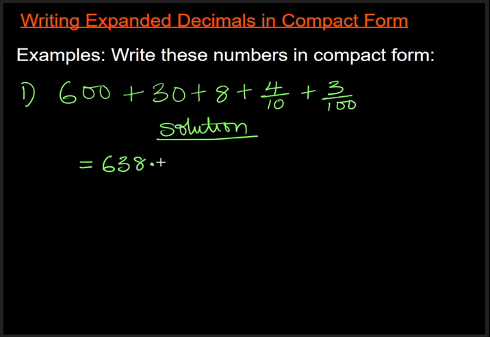So for tenth, we have 4. And then for the hundredth, we have 3. So that is what we are looking at. So this is the compact form of this number. If you also write this in expanded form, definitely it's going to take you back to this place.